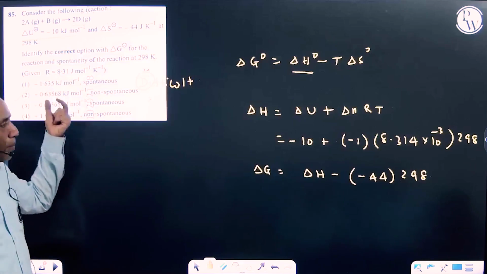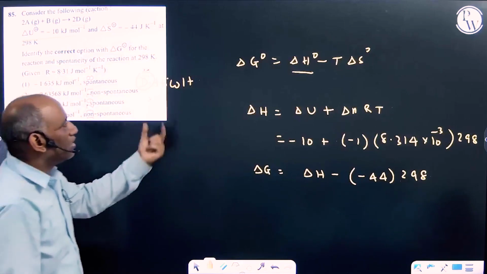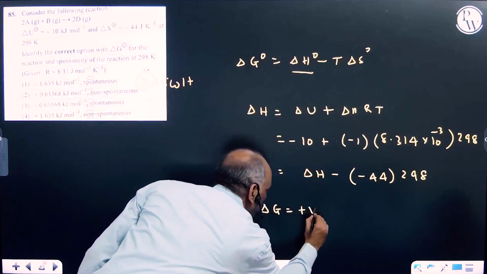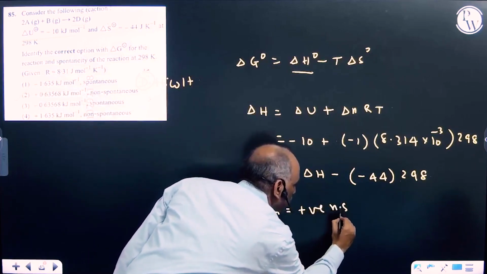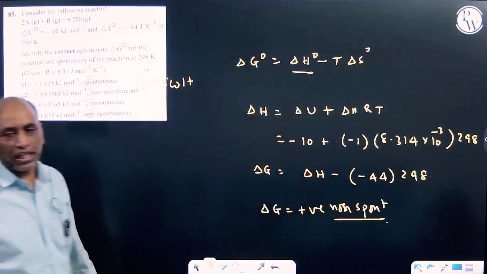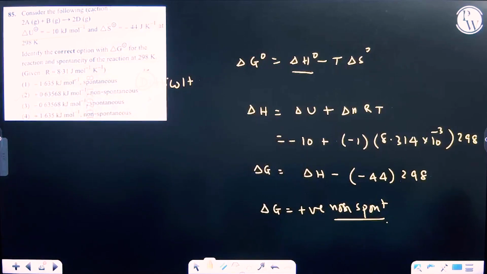Since it is positive, delta G is positive. Delta G positive means the reaction is non-spontaneous. It is a non-spontaneous reaction which can happen only with some other assistance. Right? So this is a difficult question.